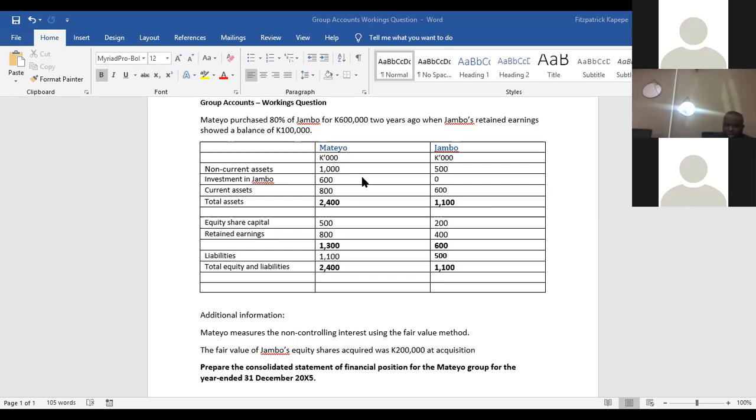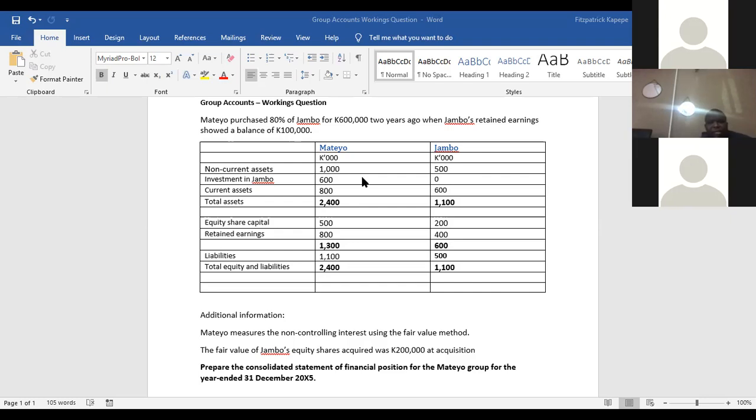So we start with the share capital. What did you purchase for 600? Share capital for the subsidiary at report date.